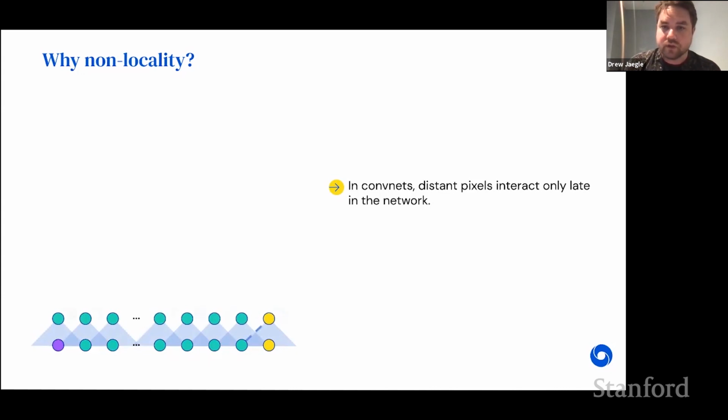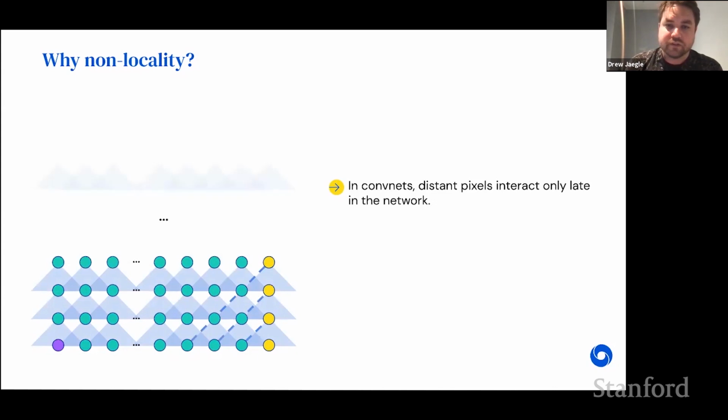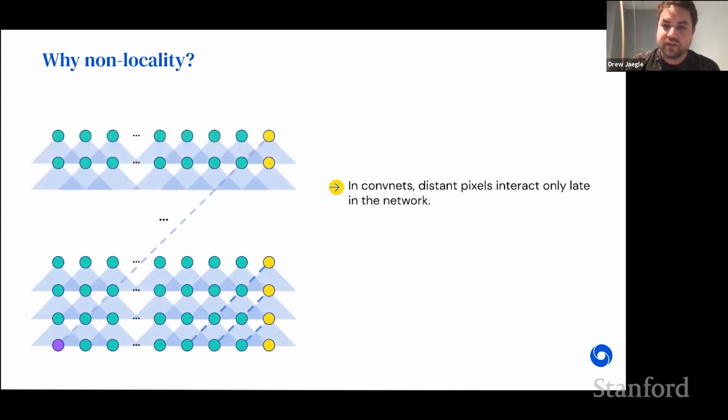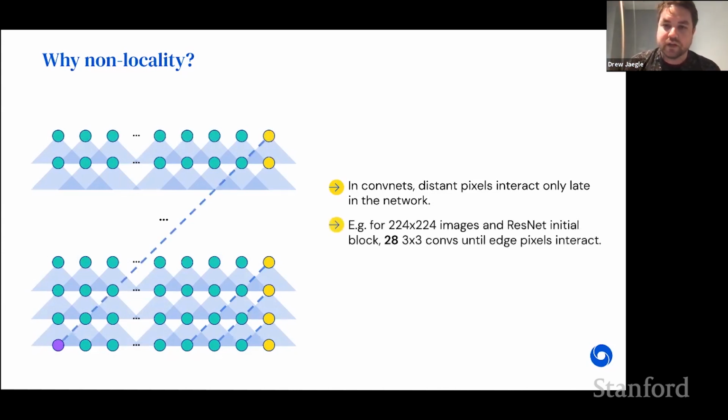If you look at a 3x3 convolution, you have to look basically until the very end of the network until you're processing these things together. And what this means is that the functions that you can express that actually look at both of these points end up being quite shallow, because they have to be built on top of this very, very deep stack that just gives you the locality. In point of fact, if you look at the way ResNets work, you have an initial block which has a 7x7 convolution, and then afterwards it's 3x3 convs all the way up.